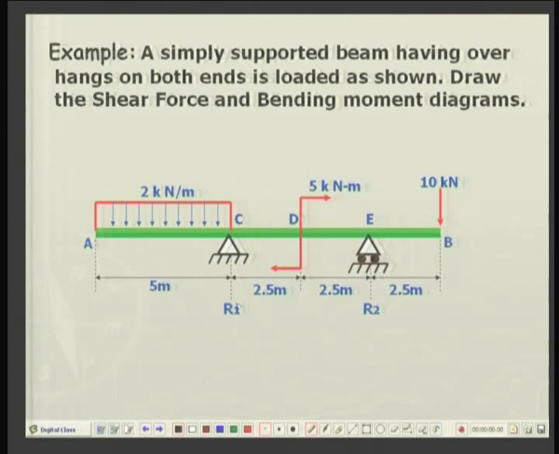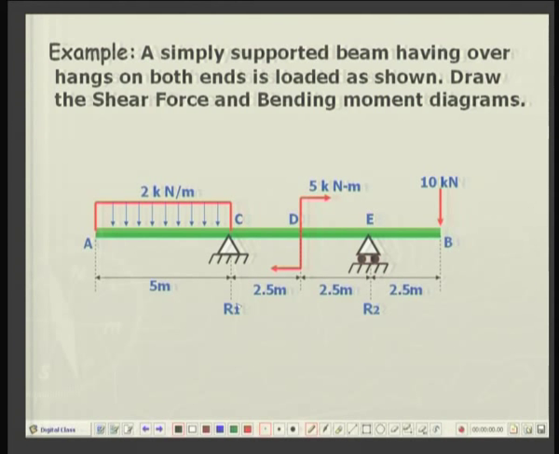Now, this beam is having double overhangs, that is, towards the left of the support C the beam is loaded, and towards the right also of support E there is a load. So, these two portions on either side of the supports are called overhangs.